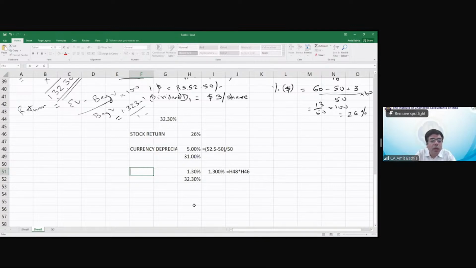So this is nothing but depreciation benefit on stock return. Normally, mathematically speaking, this is called factor on factor return.